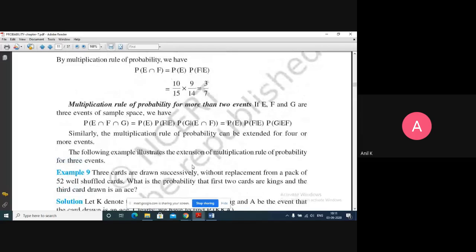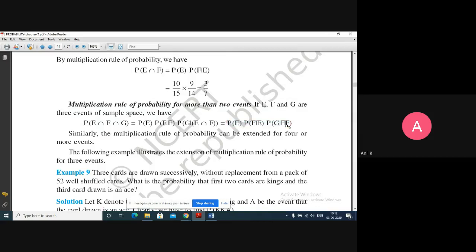Multiplication rule of probability for more than 2 events: if you have E, F and G, there are 3 events of the sample space, then the probability of all 3 events happening, E intersection F intersection G, you can treat it as a formula, equals the probability of E, then the probability of F after E happens, into the probability of G when E and F both happen.